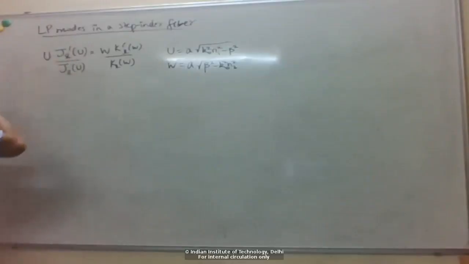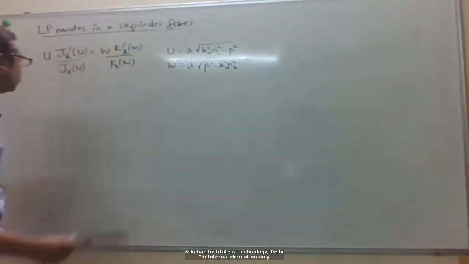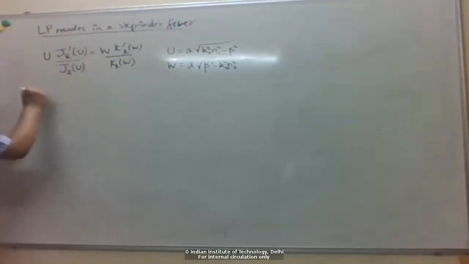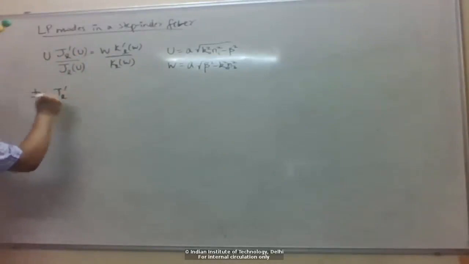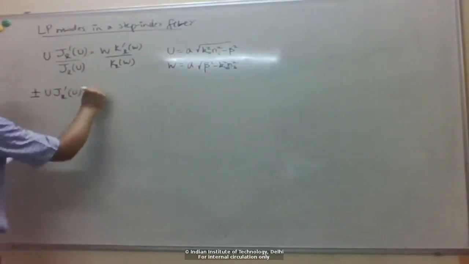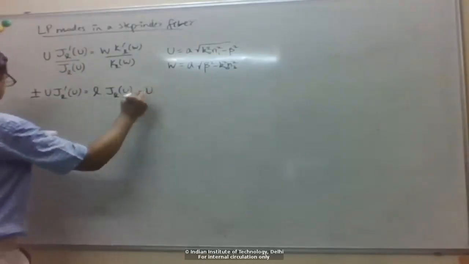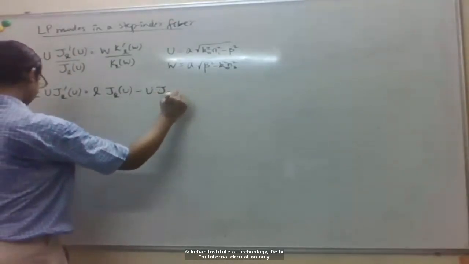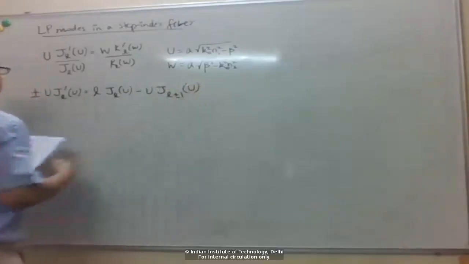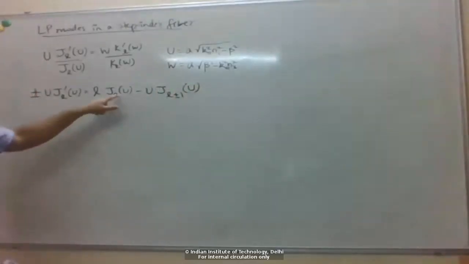So we can simplify this relation a little bit more. Here we have derivatives of Bessel functions, and there are many identities relating Bessel functions, like trigonometric identities for sinusoidal functions. For example, we use this identity relating the derivative to the Bessel function of different orders.